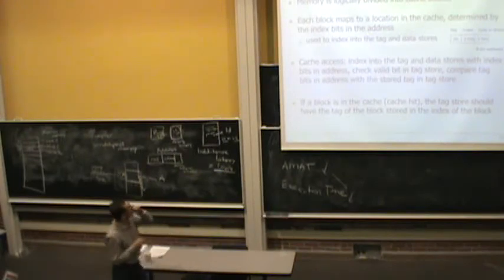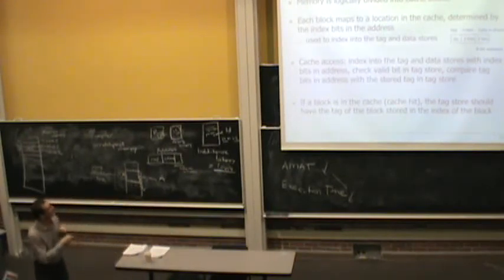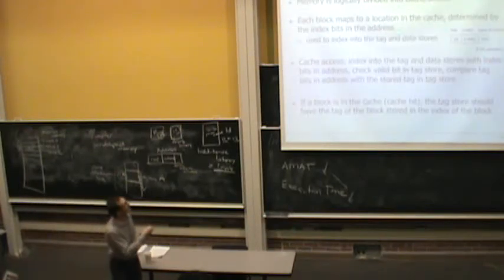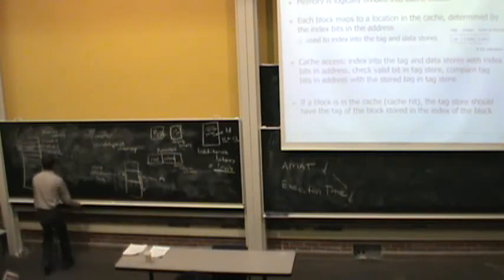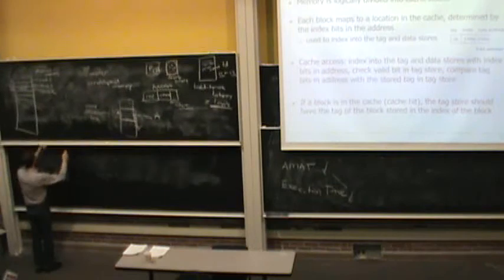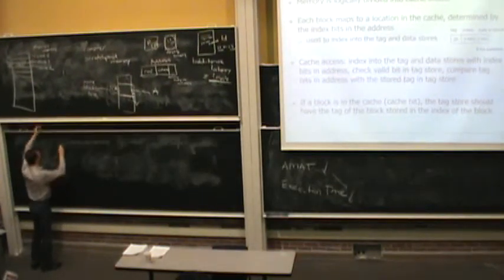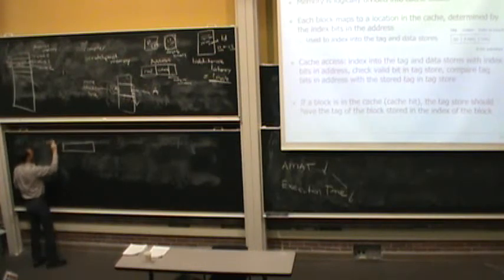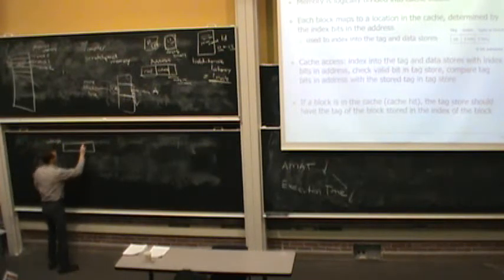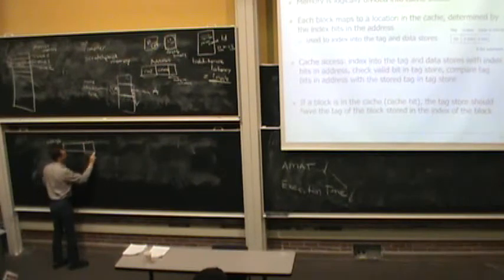Okay, so let's see how this cache actually operates. We have this memory divided into cache blocks, and each block maps to a location in the cache, determined by the index bits in the address. So you have an address, and this address is divided into three things.